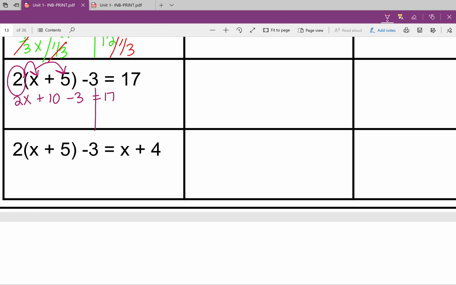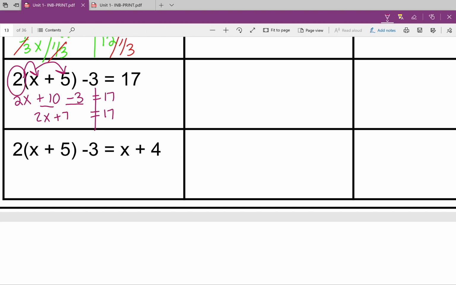Before I can solve this problem, notice that I have a 10 and a -3 on the same side. So we can combine like terms to get 2x plus 7 equals 17. Now we have a two-step problem that we can finish solving.